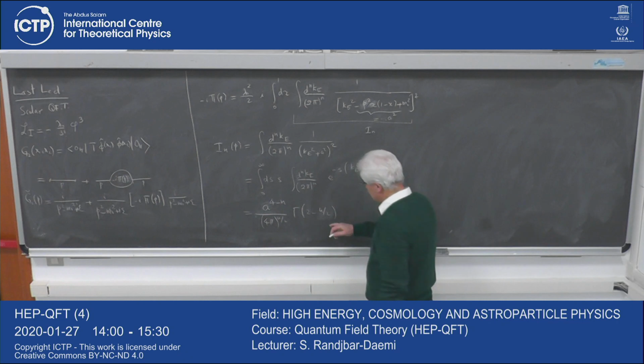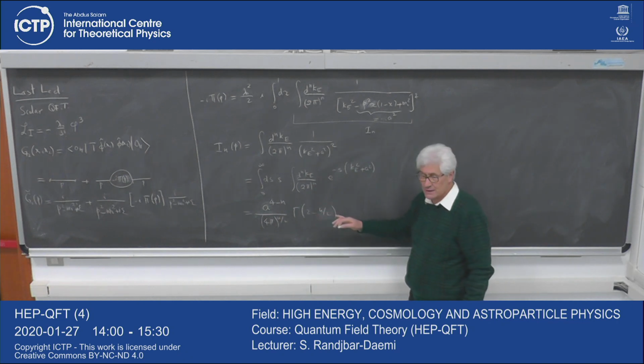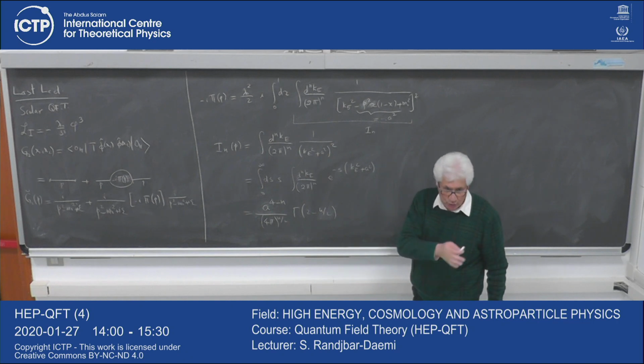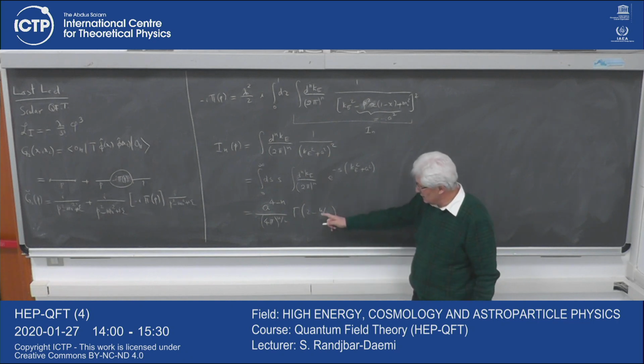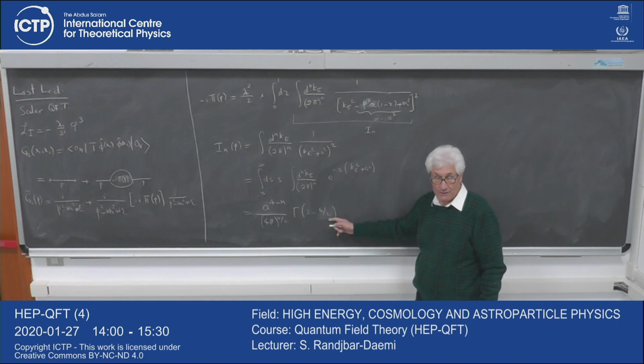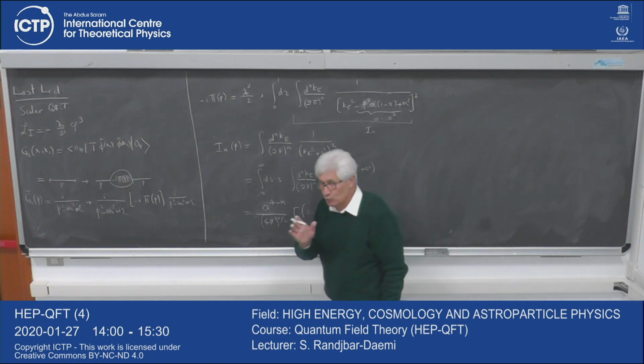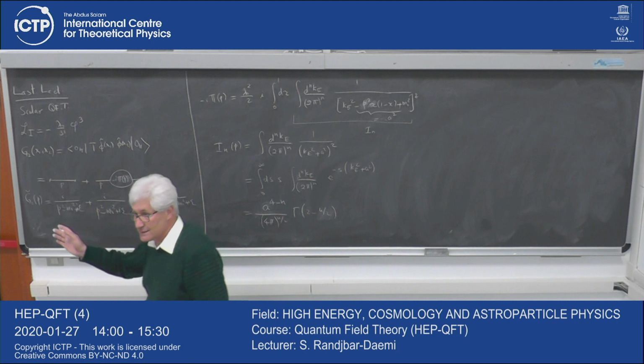Now, the important thing is that the gamma function has simple poles when its argument is 0, -1, -2, -3. And you see that if n is 4 or bigger, if it is 4, this is 0. If it is 6, that's the case that we are examining, then this will become gamma of -1, which will have a simple pole. Okay? And the idea is to separate the pole part plus the rest.